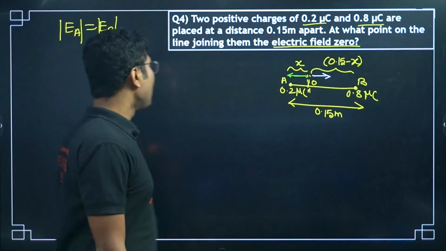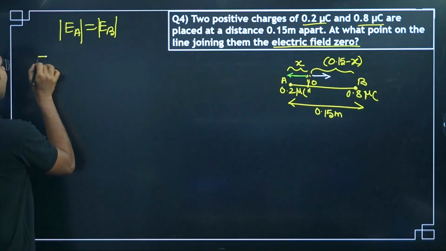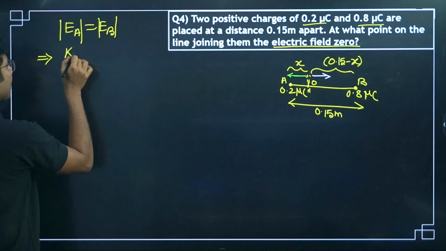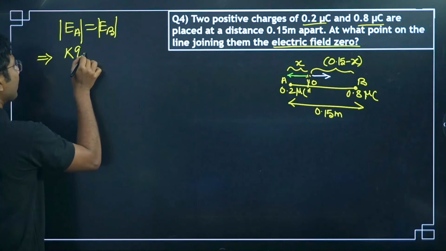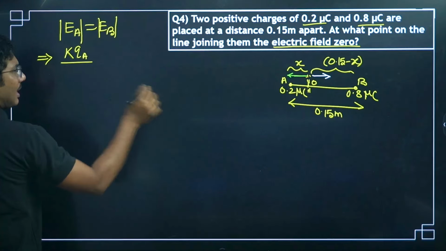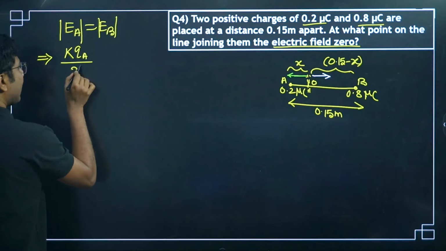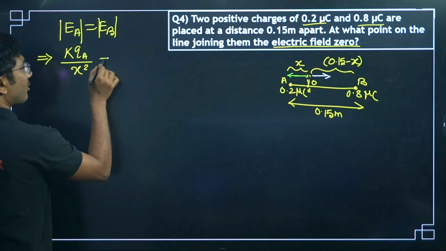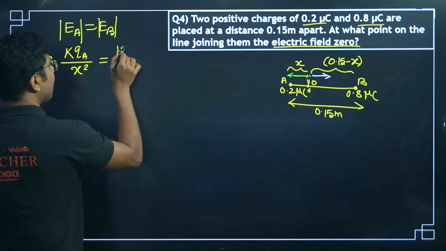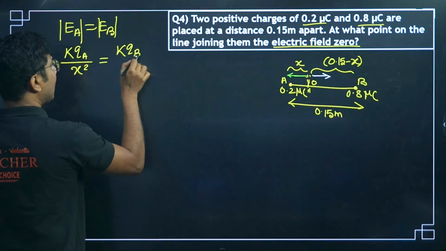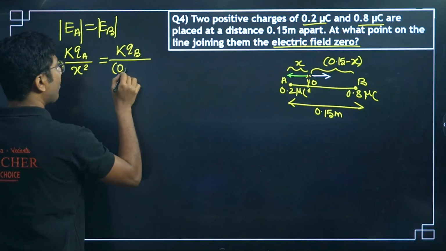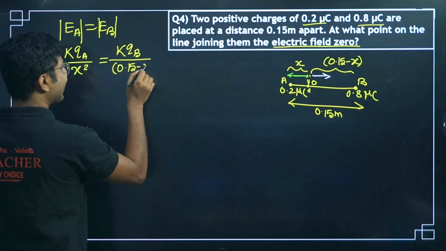Now, what is the electric field formula? We have already solved so many problems with it. It is KQA by x square for A, and for B, KQB by 0.15 minus x whole square.